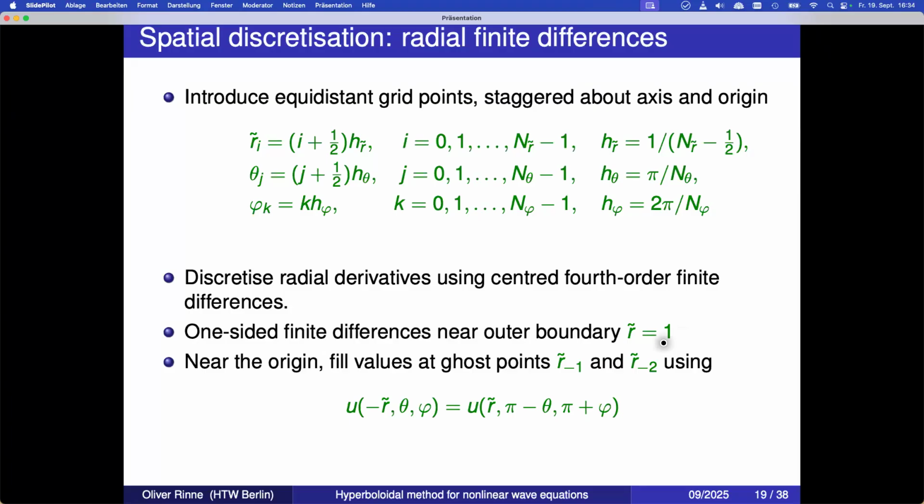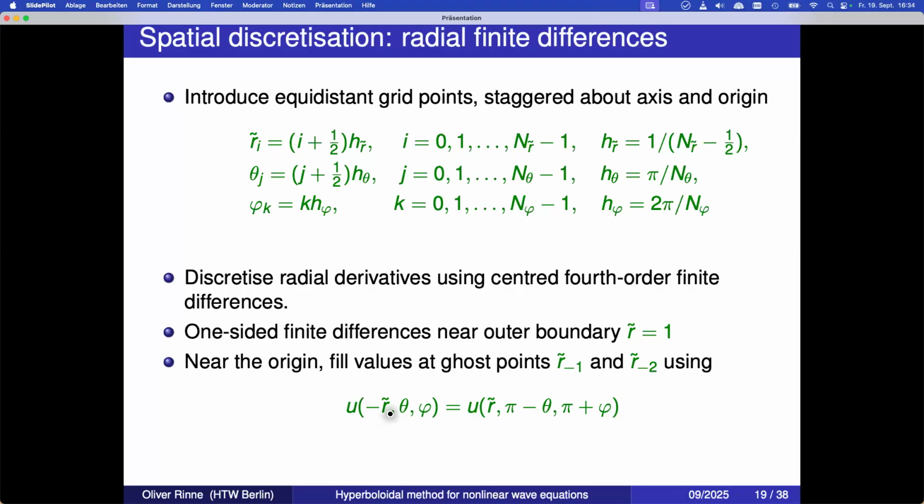And near the origin, I use ghost points. These ghost points sit at negative values of the radius, and I can fill these negative values according to this condition, which any smooth function u must satisfy. If you go from r tilde to minus r tilde, this corresponds to changing theta to pi minus theta and phi to pi plus phi.